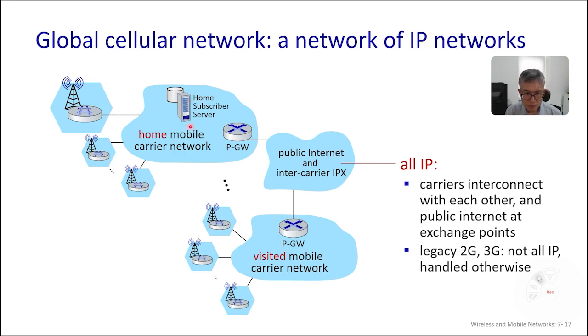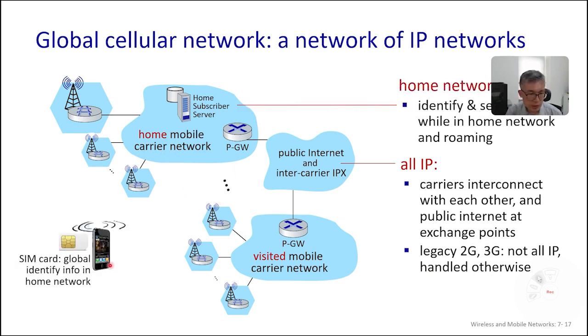So this is the access network, the radio access network, the core network, and the data network, the internet, all IP. Carriers interconnect with each other, and the public internet, at exchange points. The legacy second generation and third generation networks are not all IP and are handled the other way.